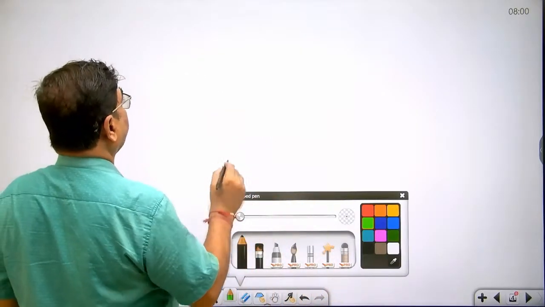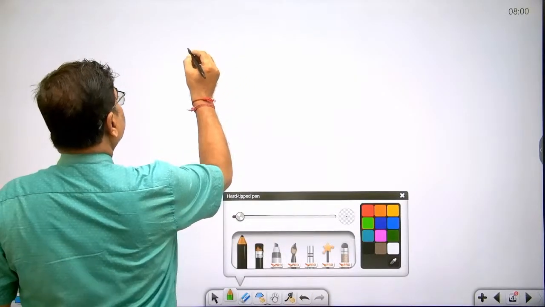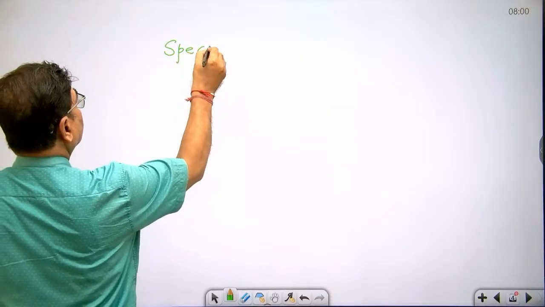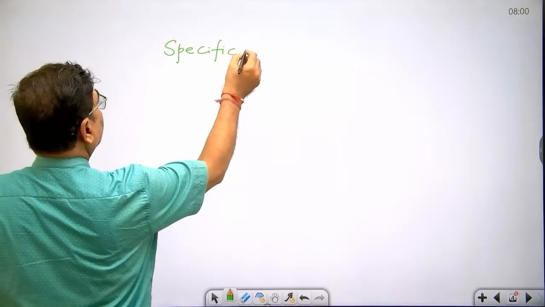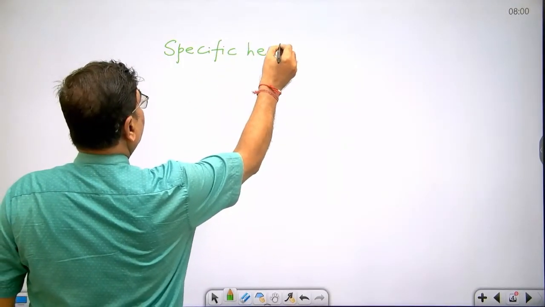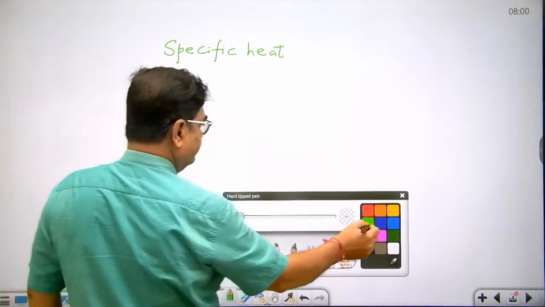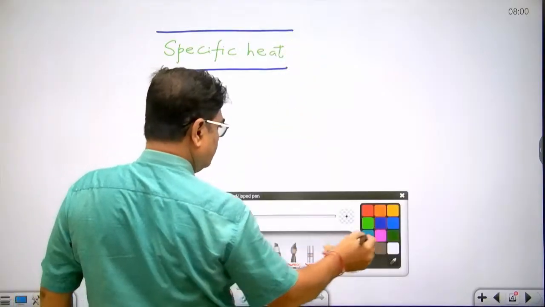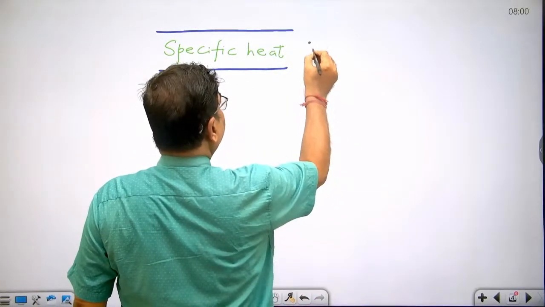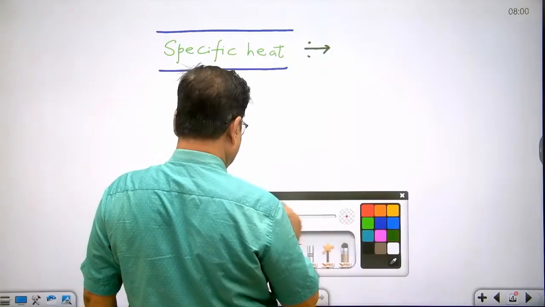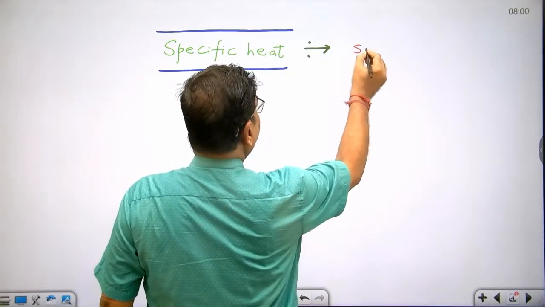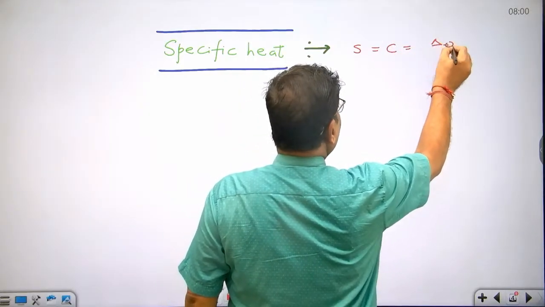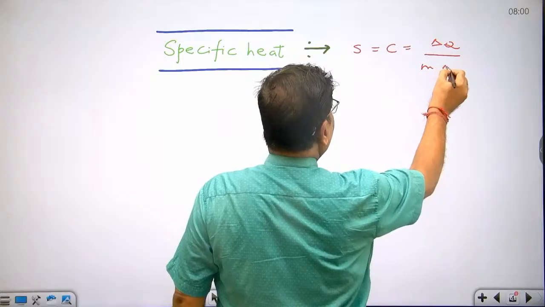Let's understand some important definitions. What is specific heat? It is written by the letter S, and it is defined as delta Q upon m delta theta.